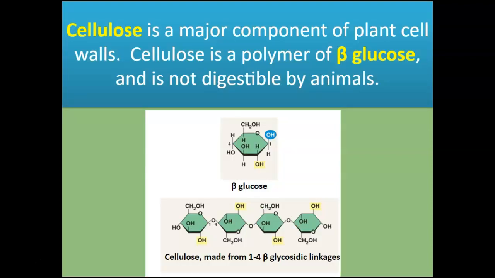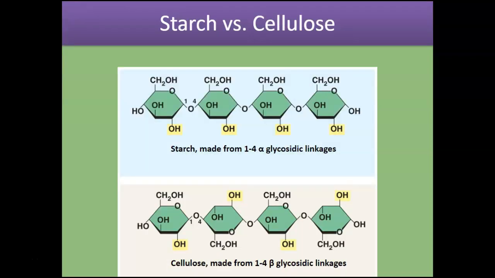Animals cannot digest these long chains of beta-glucose that compose these plant cell walls. Notice starch, digestible by humans, and cellulose, non-digestible by humans. Very slight differences, but differences nonetheless.